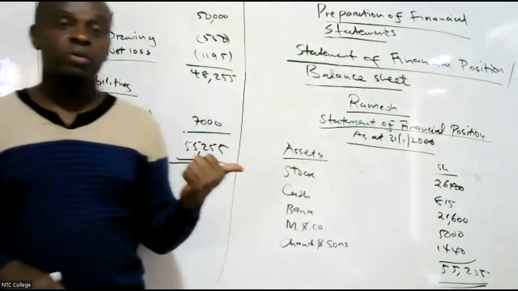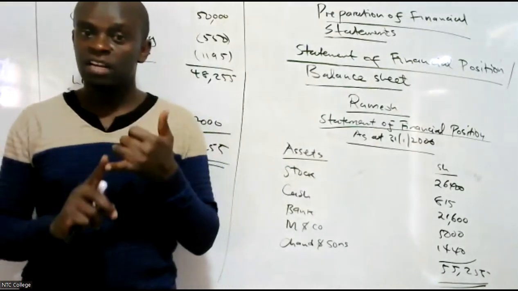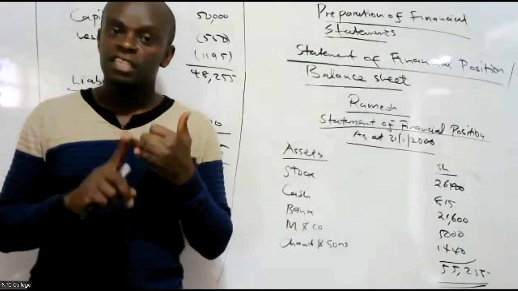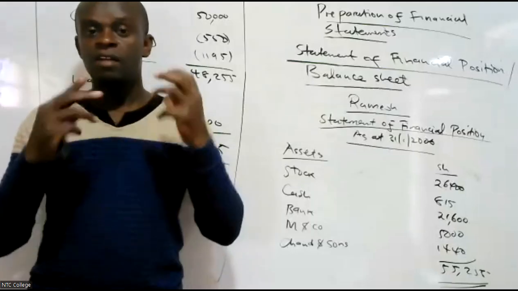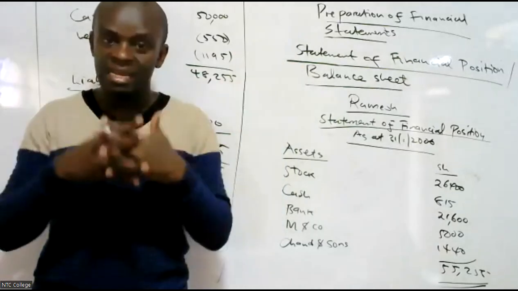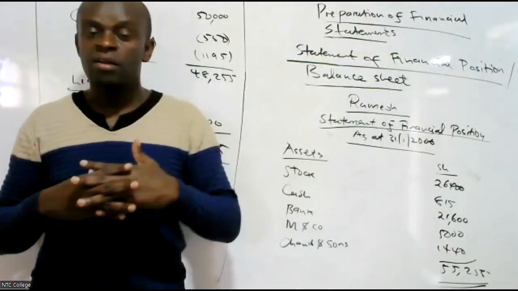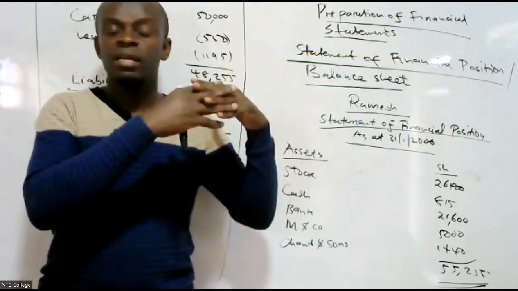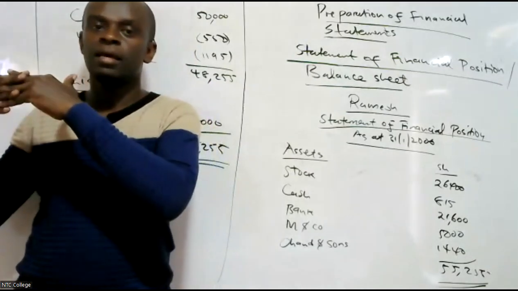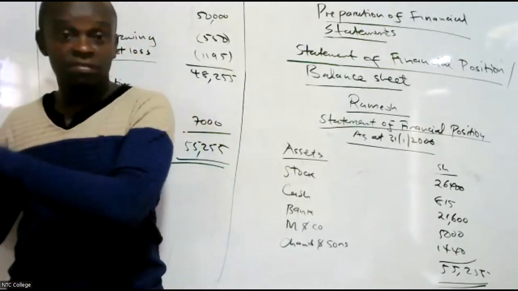Remember, this question had not asked us to prepare a statement of financial position. It had not asked us to prepare a statement of profit and loss. But I wanted you to be able to connect how to maneuver from the journals to the ledgers to the trial balance, and finally to the statement.